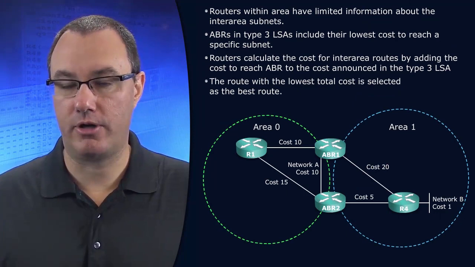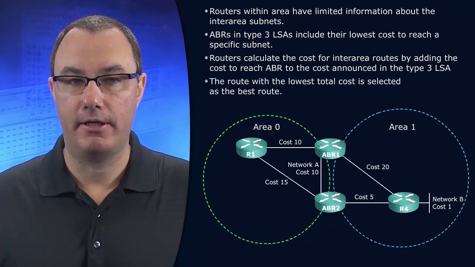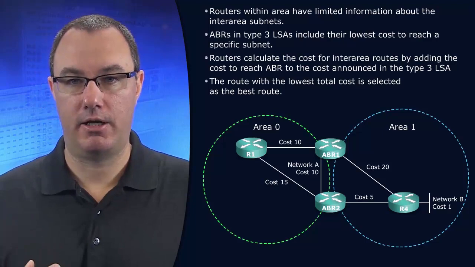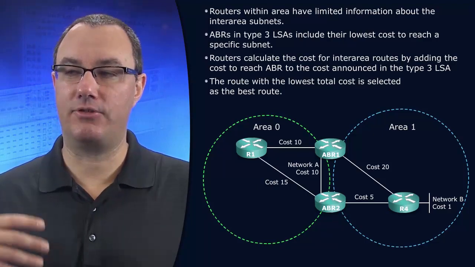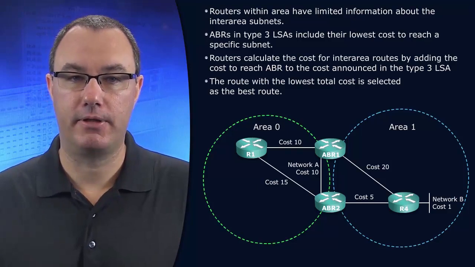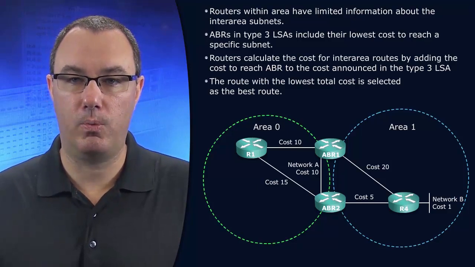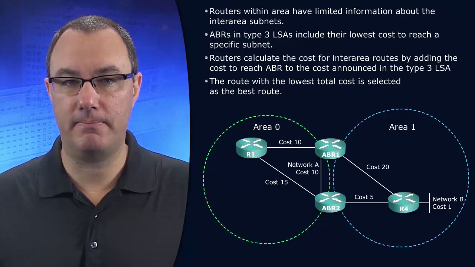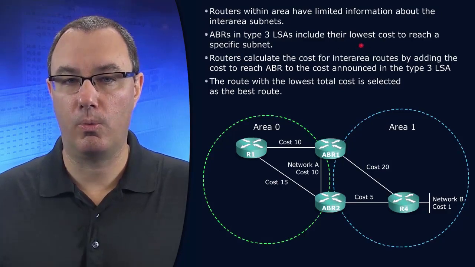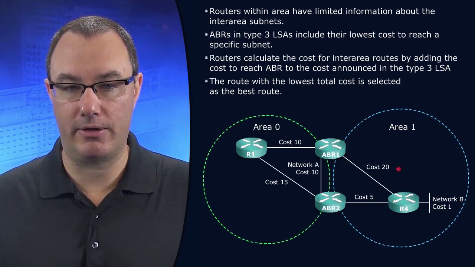Inter-area routes are type 3 information. And what is that? It's a chunk of information that is shared by an area border router. And what we do is we say, what's our cost to reach the area border router?